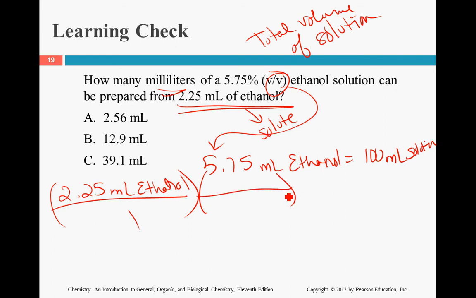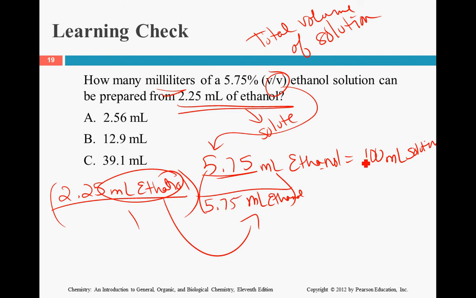Because we have milliliters of ethanol on the top, that's what I want to put on the bottom of the next one. 5.75 goes with the milliliters of ethanol, so that's going to go on the bottom as well. That equals 100 milliliters of solution, which is what we're looking for.